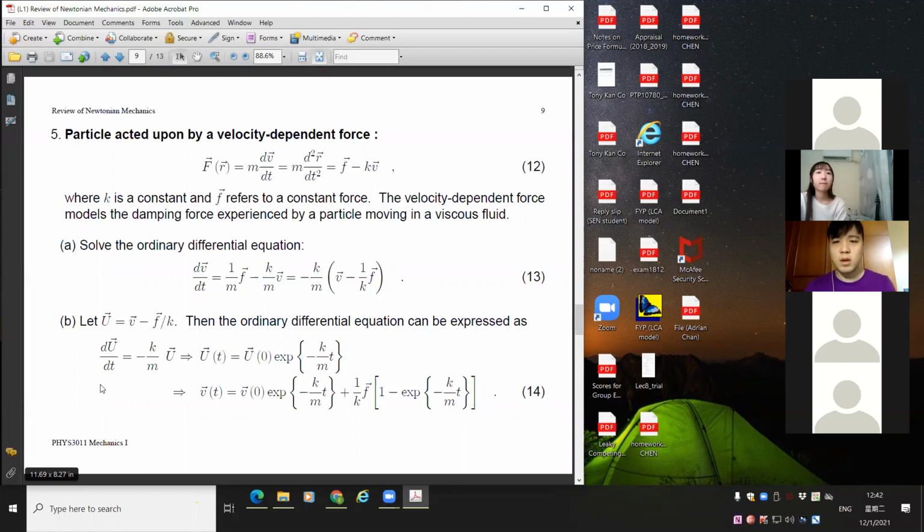We differentiate the capital U vector once and get it back, right? So the solution must involve an exponential function. No other choice. Now, from now on, forget about the way that you learned from high school to solve this kind of problem.